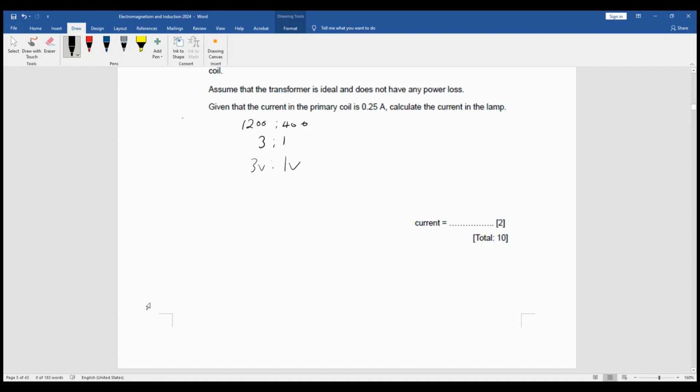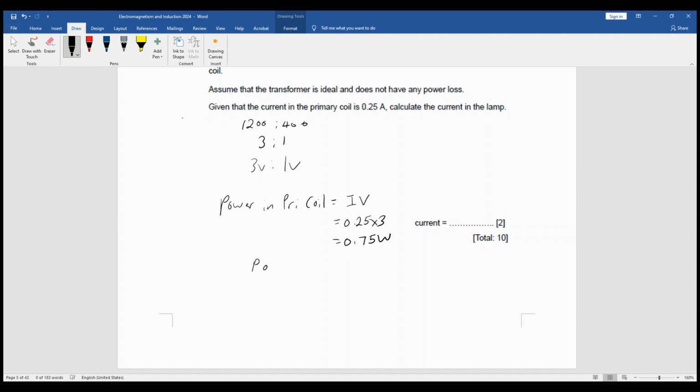Current in the primary coil is 0.25. So power in the primary coil is IV. So it's 0.25 times 3, which gives me 0.75 watts.